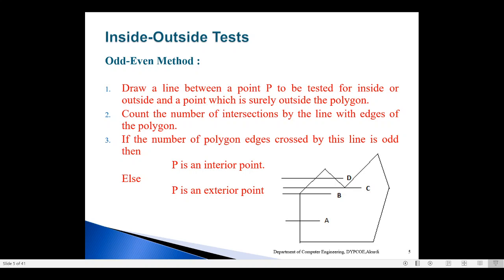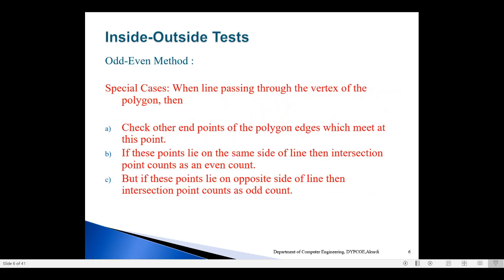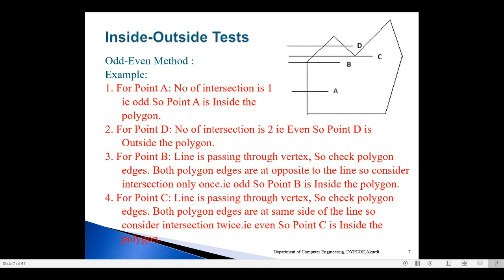So in this we have to consider normal case as well as we have to consider special case. And by considering this test, we have to find whether point is inside or outside. So here again I have explained the same thing. There is the same example. There are 4 points, point A, point B, point C and point D. First we have to apply the simple cases.